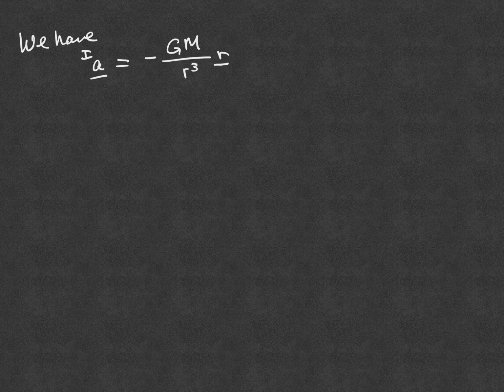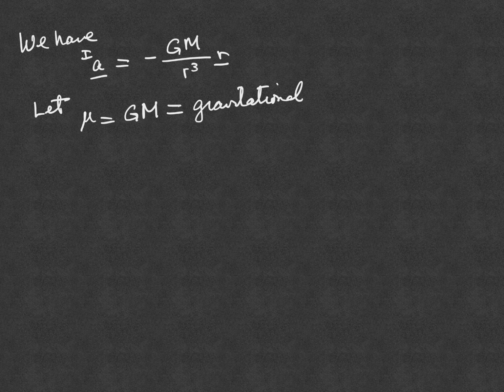Now what we're going to do is say let mu equal G times big M. And this is going to be defined as the gravitational parameter of the central body.